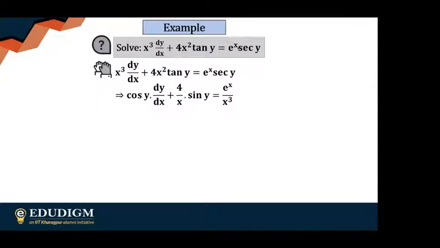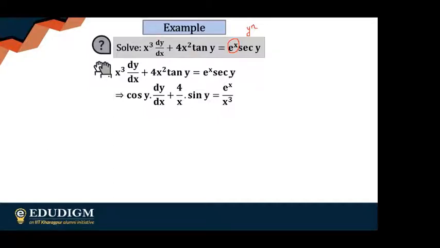Here, along with e to the power x, you have something of the form y to the power n, and you're like, okay, I'm sorted, I'm going to divide it by this y to the power n, etc., and then put a particular substitution, and it will just come down to a linear differential equation of first order. But what I'm going to do here is actually try and use the essence of the substitution and how we use the substitution to reduce it down to something linear and of first order, and see what we can substitute here.